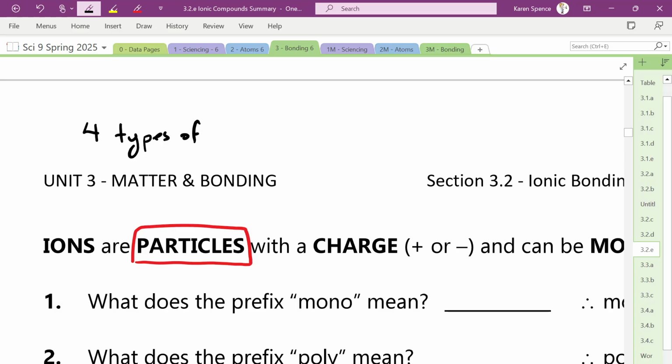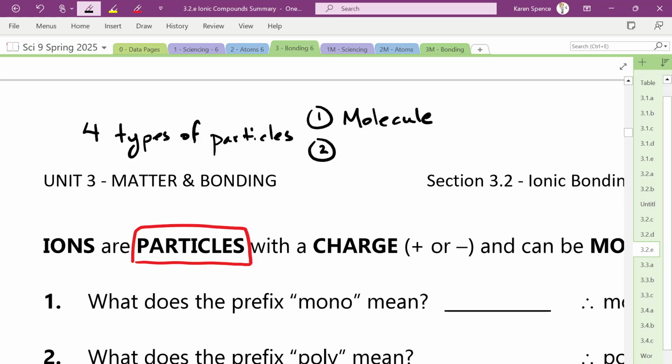Not subatomic particles like protons and electrons, but just particles. What's one type of particle? Molecule.